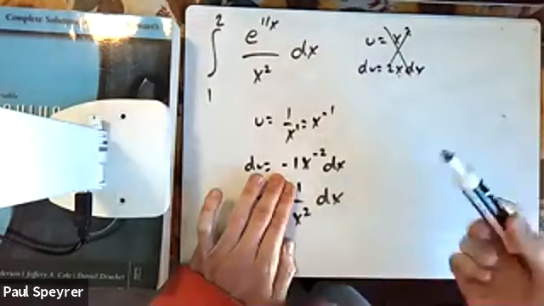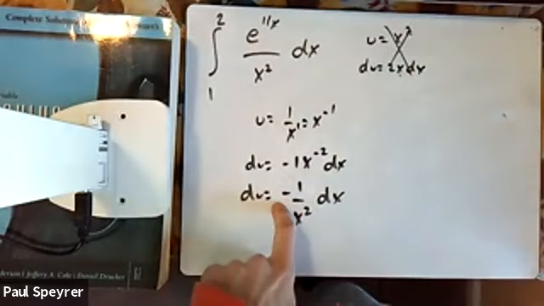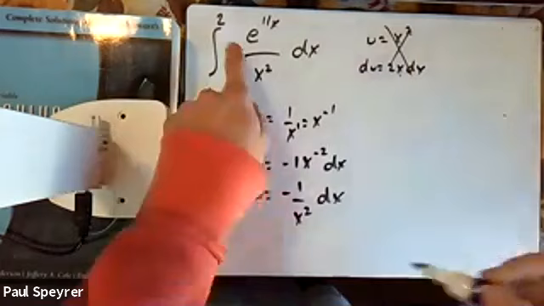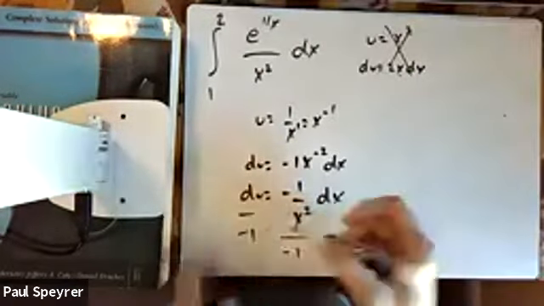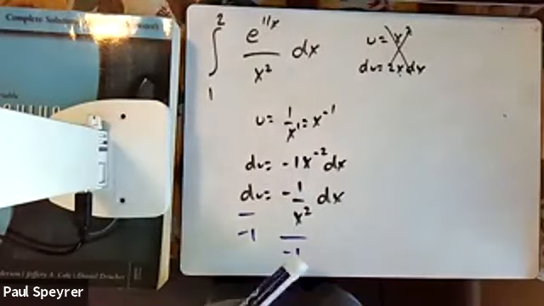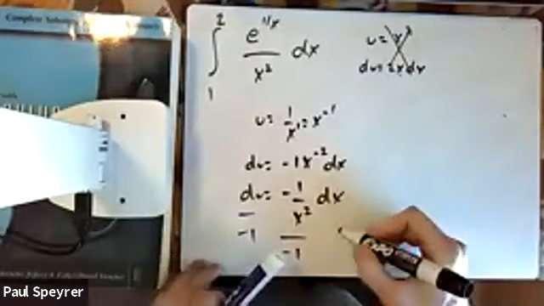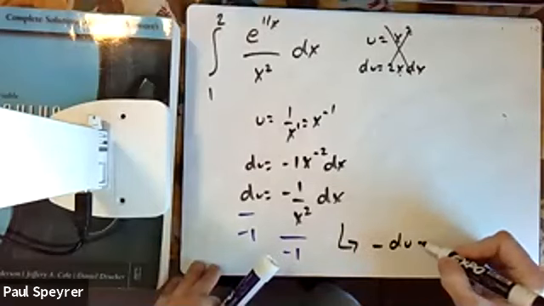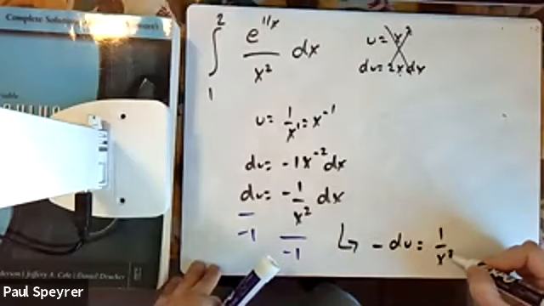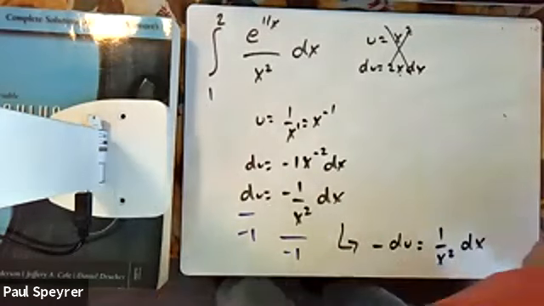Meaning the denominator in that instance. We don't need this negative though, right? Because we don't have a negative here or here. So I'll just divide by negative 1, or multiply by negative, you can do that, right? So now what do we have right here? We just have negative du equals 1 over x squared dx.